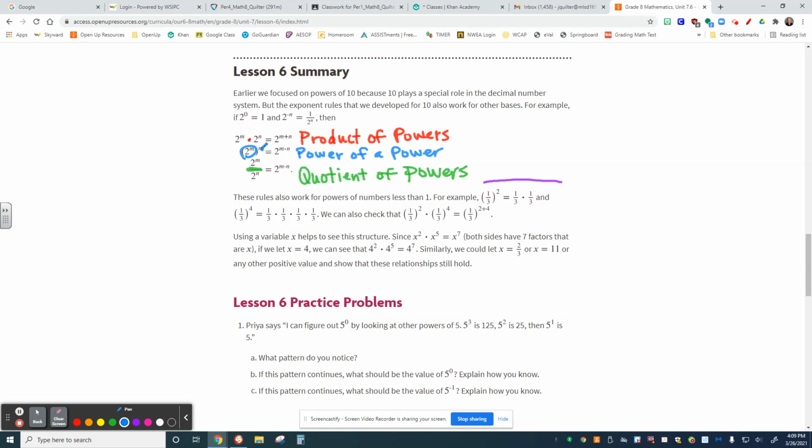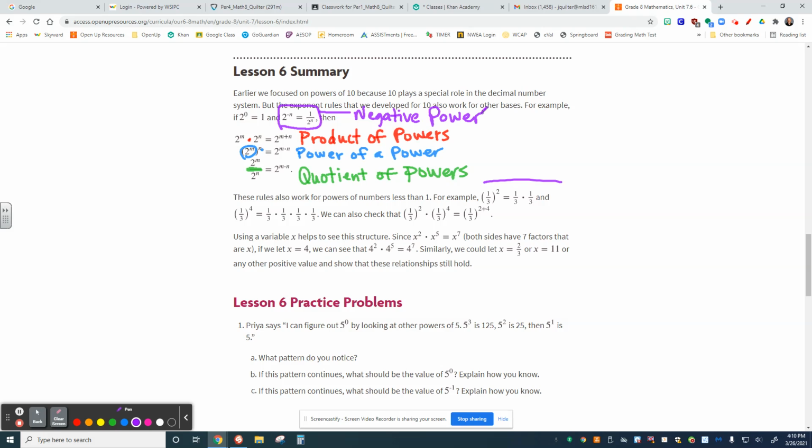These rules also work with powers that are less than 1. So when we're dealing with negative exponents or when we're dealing with bases that are less than 1, the exact same thing happens. It's really important for us to remember that with negative exponents, we should be thinking reciprocal. So like this one right here, this is what we call the negative power.